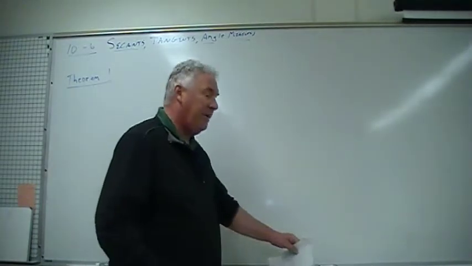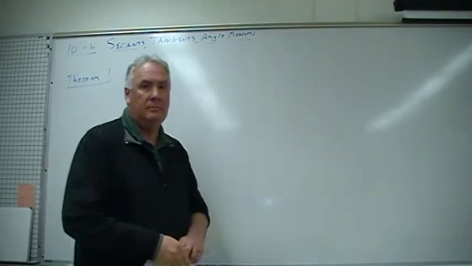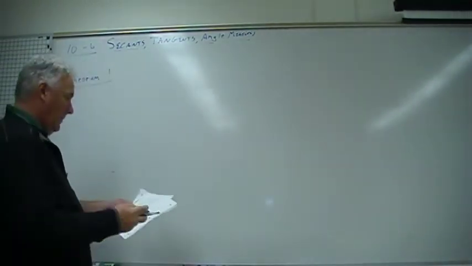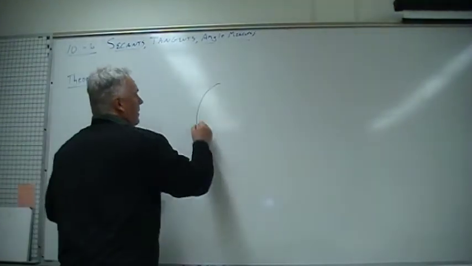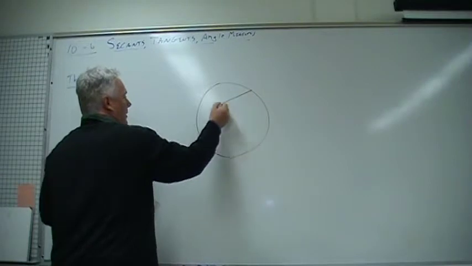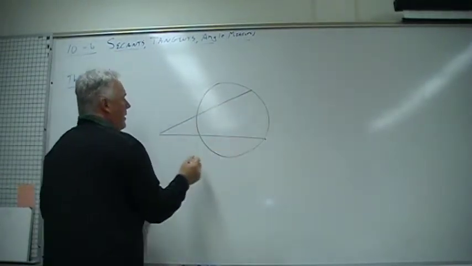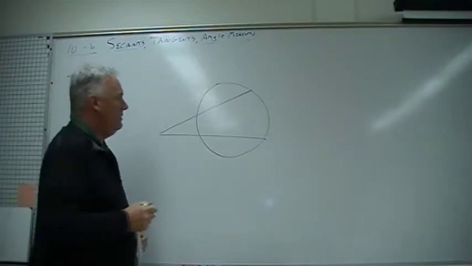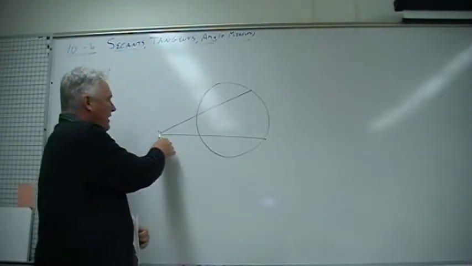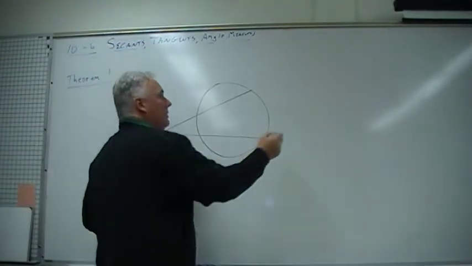Okay, now we'll do the third one. So we have, in this case, two secants that intersect outside the circle.